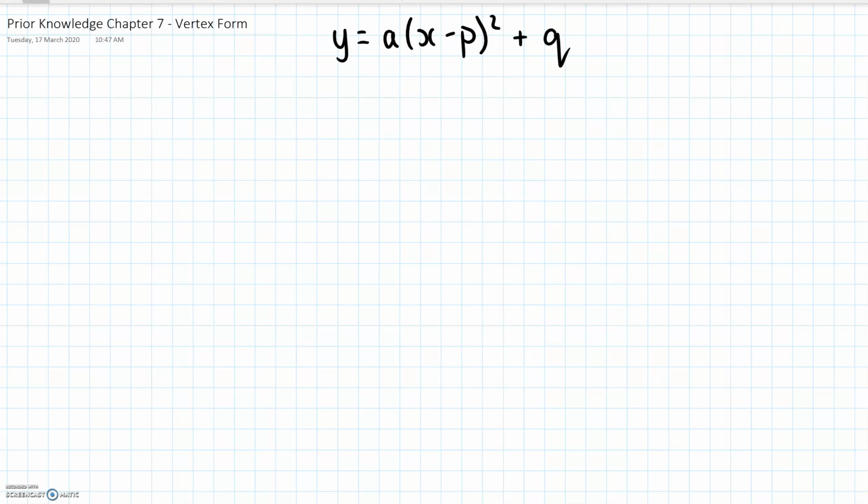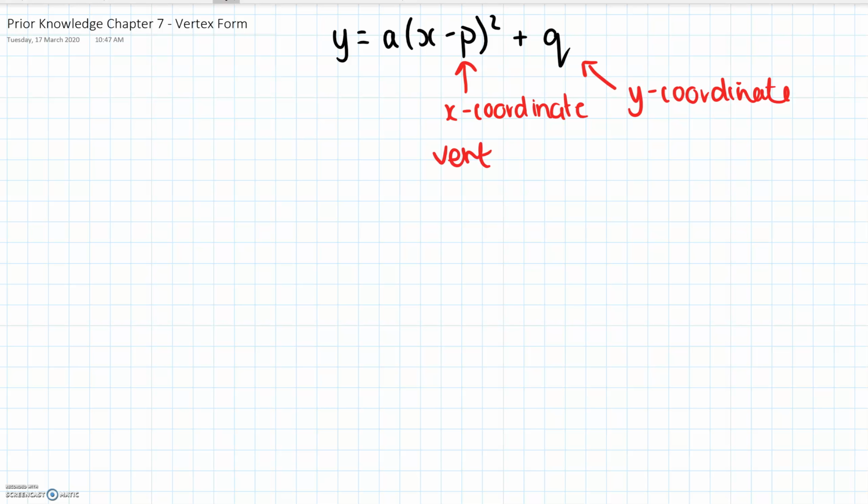And in this form, p will be the x-coordinate of the vertex, and q will be your y-coordinate. Okay, so this gives us a vertex of p comma q.